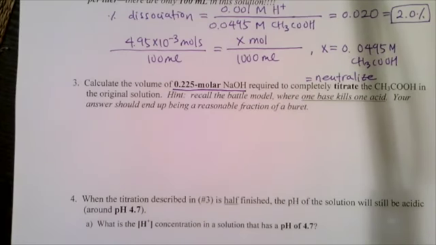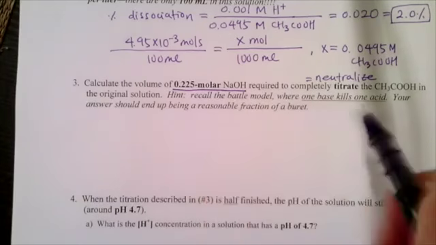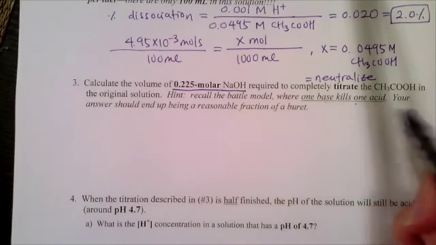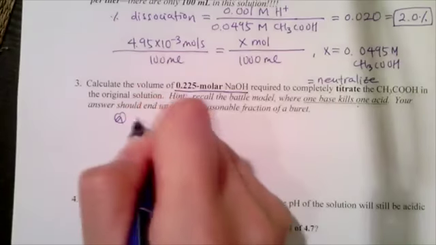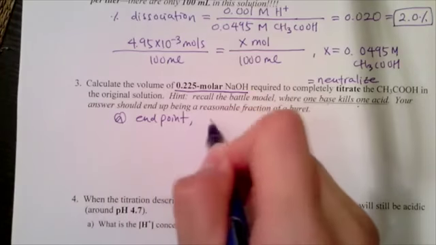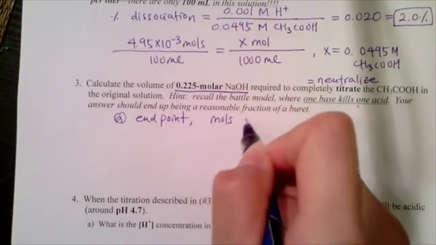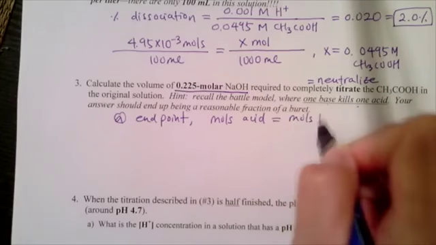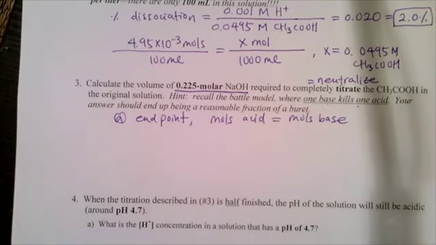And remember, titration can be thought of as a battle between acids and bases. One base kills one acid. So that means at the end point of your titration or neutralization reaction, the number of moles of acid will be equal to the number of moles of base.